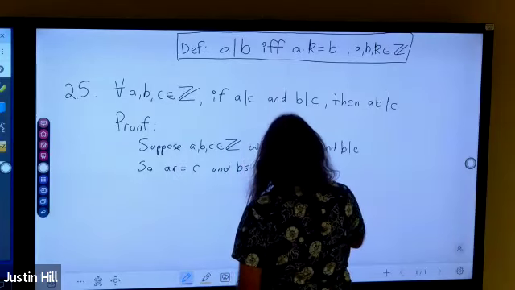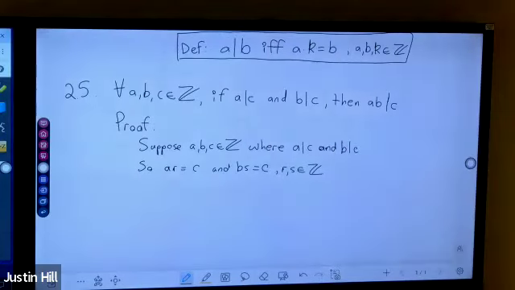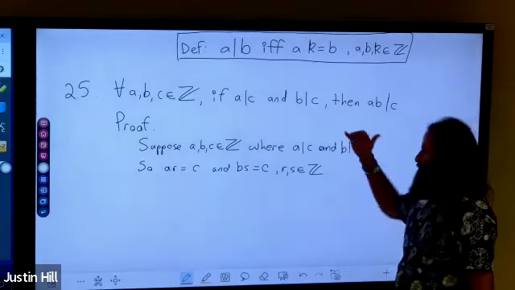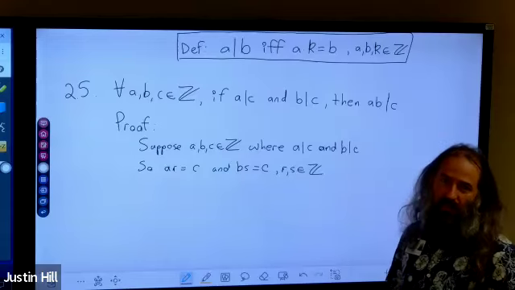I think I actually forgot to write that on the last proof. We should have said that R and S were integers. So now we suppose, we flesh out our definitions. Then what's the next stage in our proof?